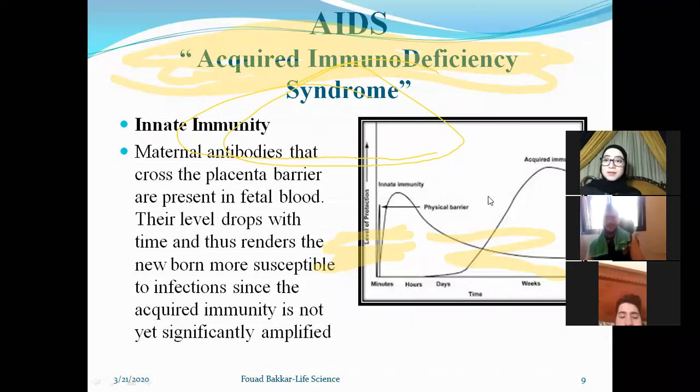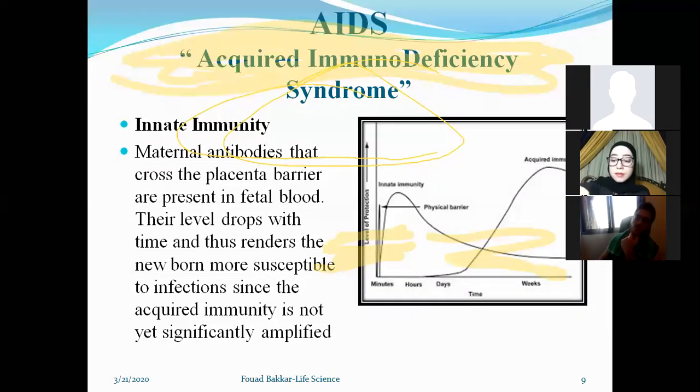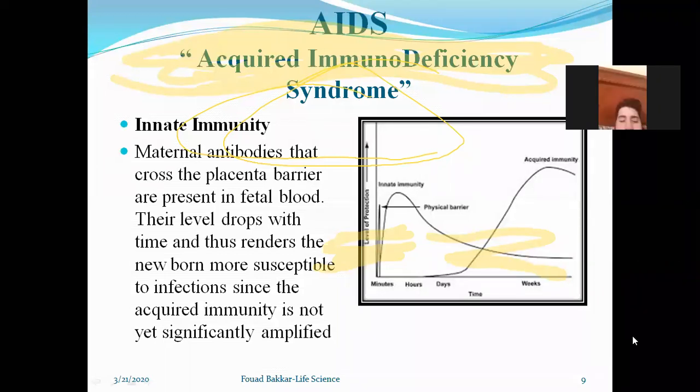So to proceed with the test of ELISA, definitely we have to understand much better the concept of immunity. The best way to start discussing immunity is to understand that before we talk about AIDS, acquired immune deficiency syndrome, we should have in mind two types of immunity.